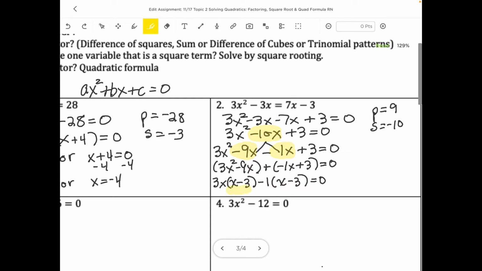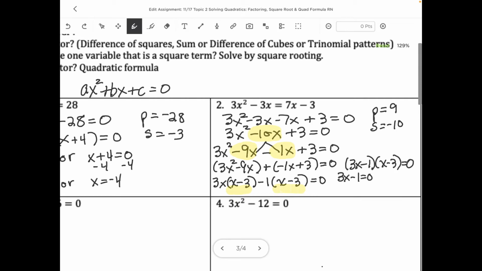And what is not a coincidence is that this binomial is exactly the same as that binomial. If it isn't, you cannot complete factor by grouping. Since they are, we're going to get 3x minus 1, x minus 3 equals 0. So that x minus 3 becomes its own GCF.